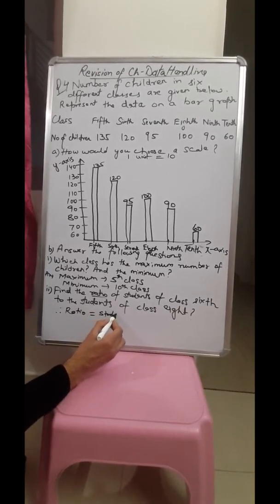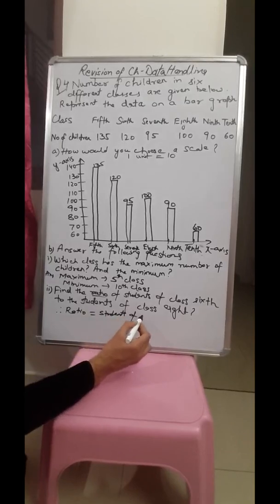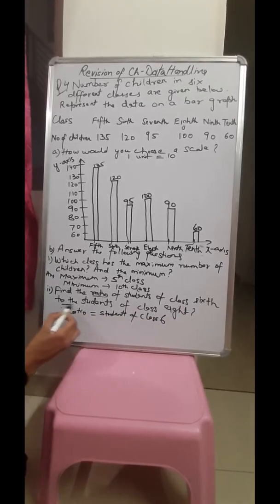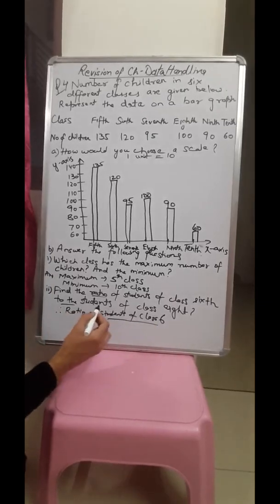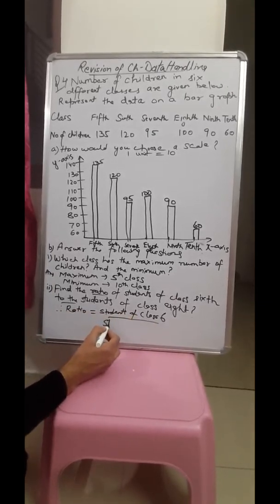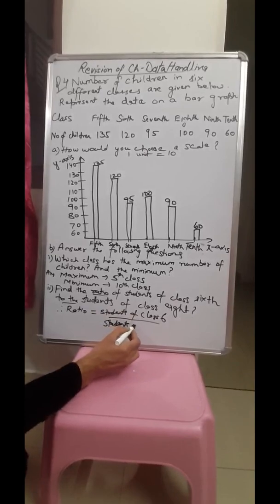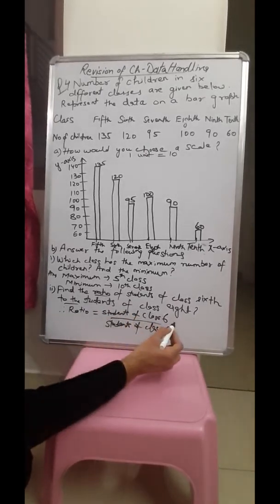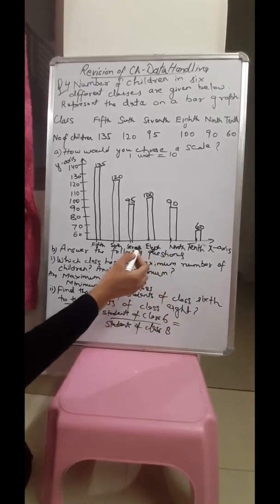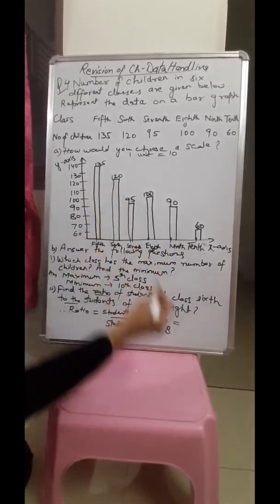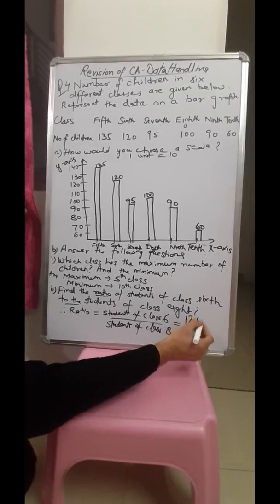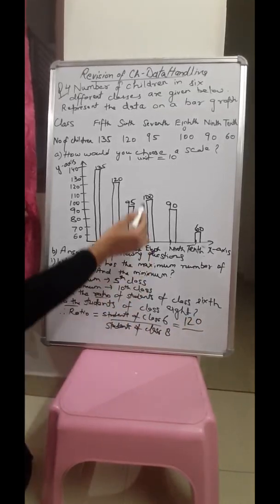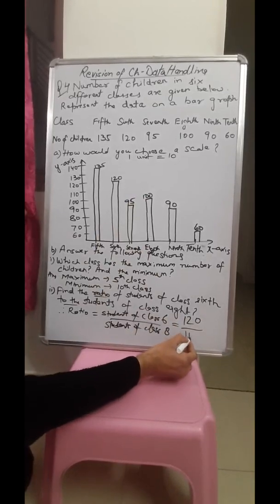Students of class 6th upon students of class 8th. Students of class 6 is how much? Class 6 has 120. So 120 will come in the numerator, and class 8 has how many students? 100 students. So 100 will come in the denominator.